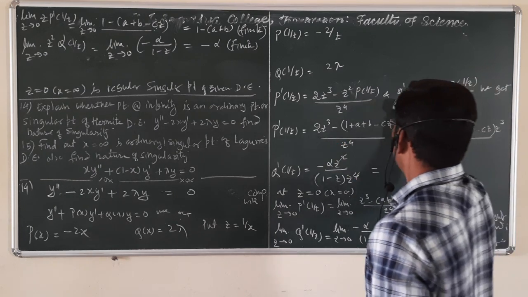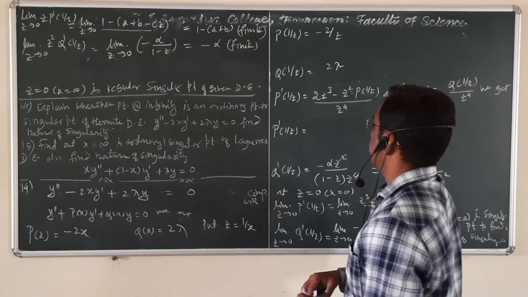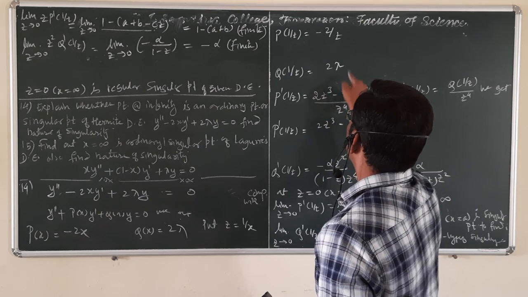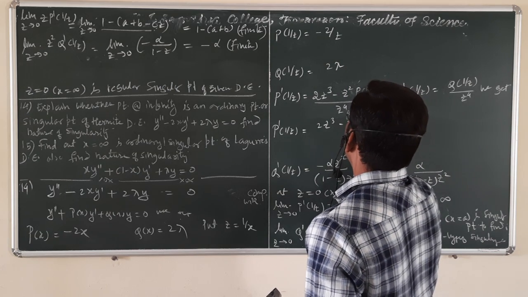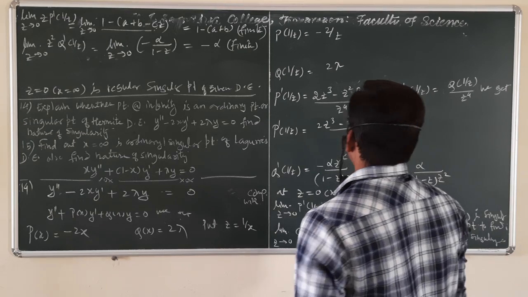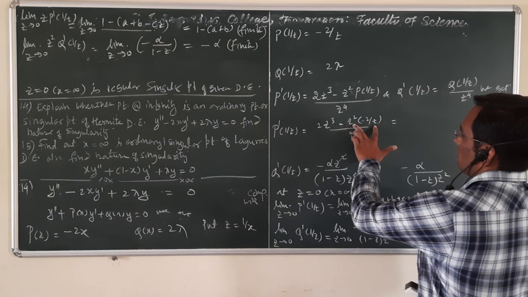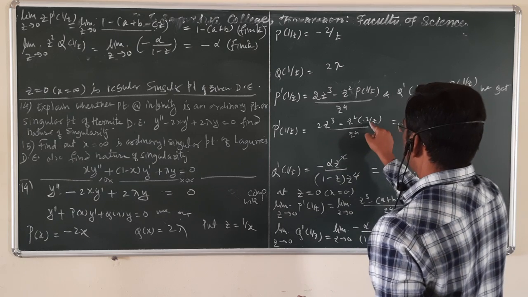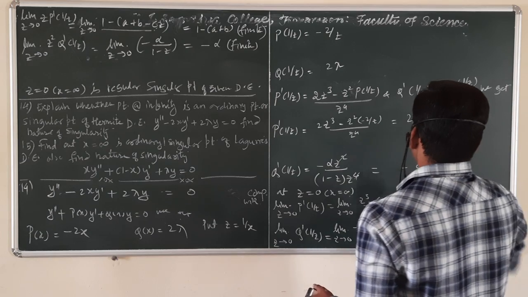First of all, p dash is 2z cube minus z square multiplied by this, so that is minus z square into minus 2 upon z divided by z raised to 4, so this minus minus will become plus and this z square, so 2z cube plus 2z, divided by z raised to 4.